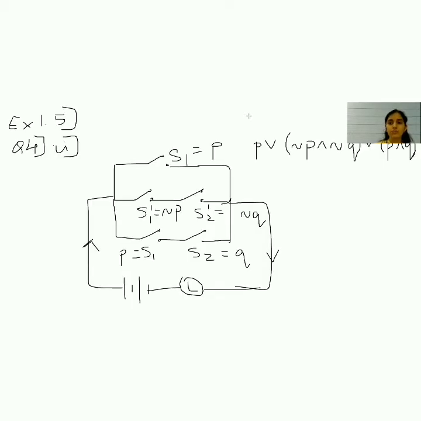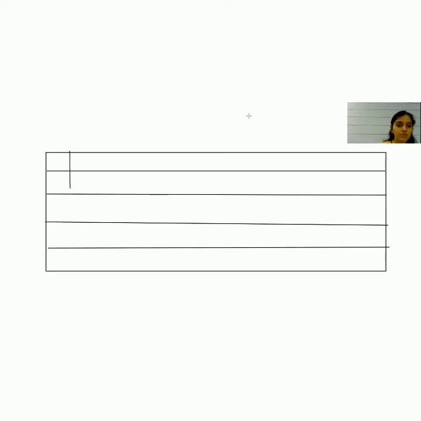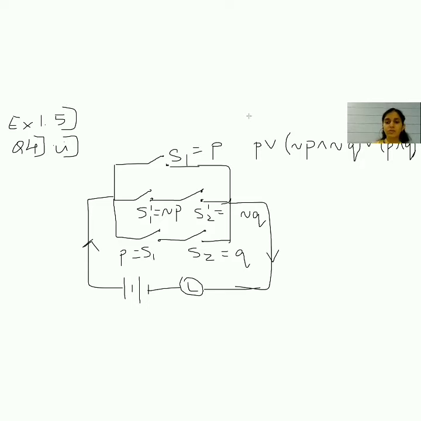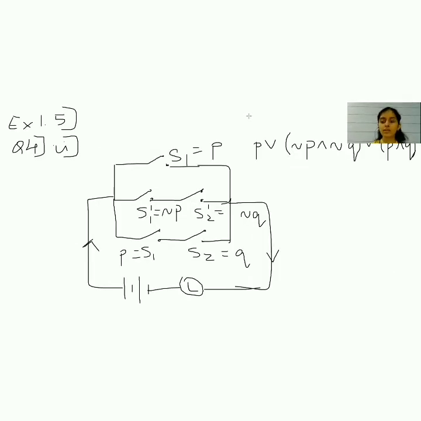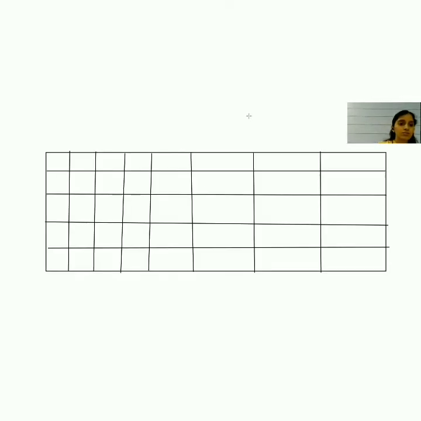P, Q, negation P, negation Q, then negation P and negation Q, P and Q. Then we have P or negation P and negation Q, and that is ORed with P and Q. We'll just write in the numbers so it will become easier for us to write the last columns. 1, 2, 3, 4, 5, 6, 7, 8.